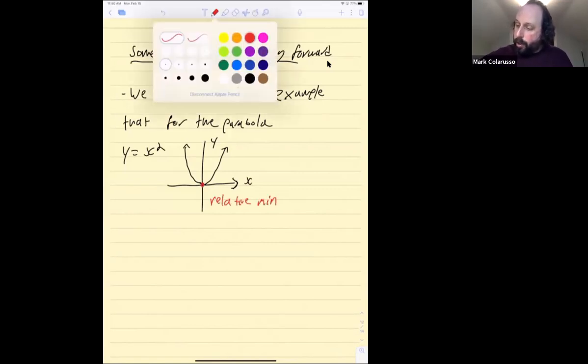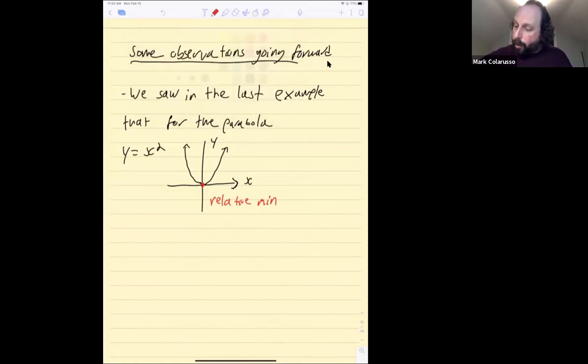The function to the left of the relative min was decreasing, and to the right of the relative min had positive derivative. So that actually tells us how to find a relative min using calculus.